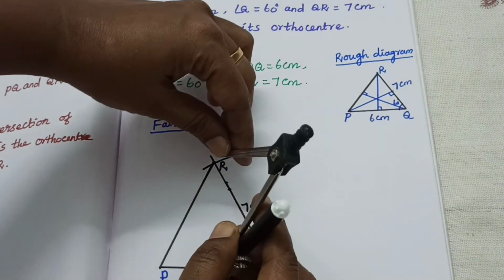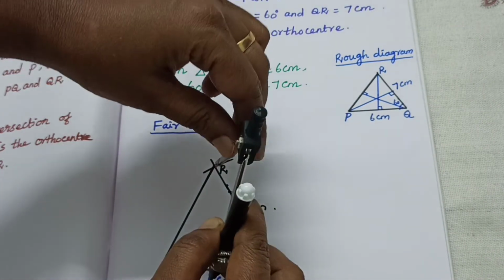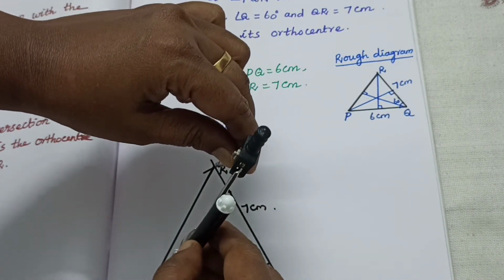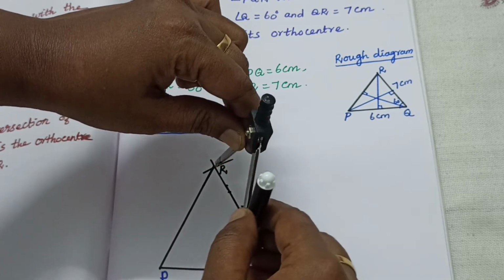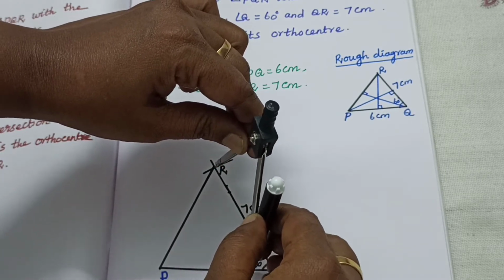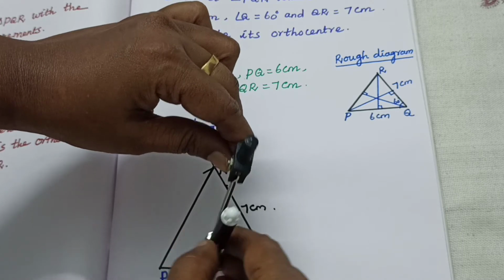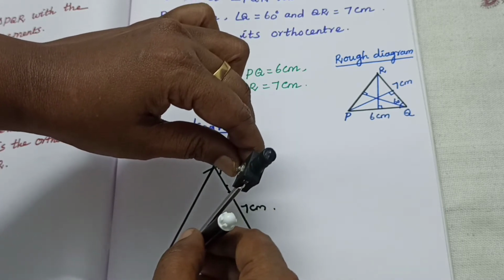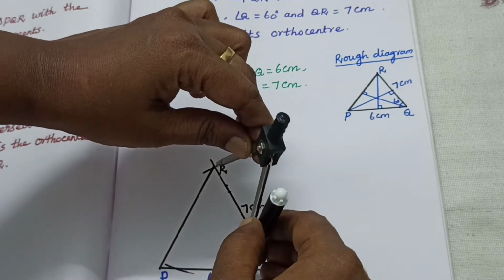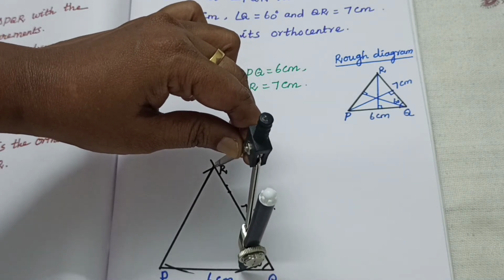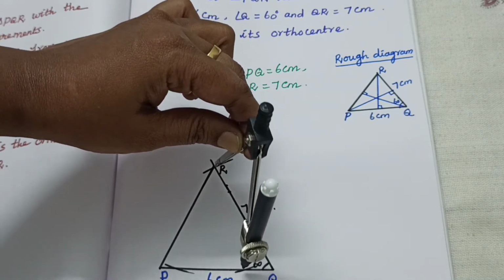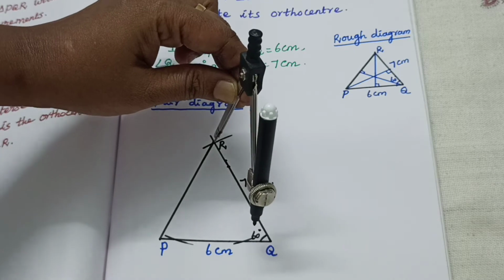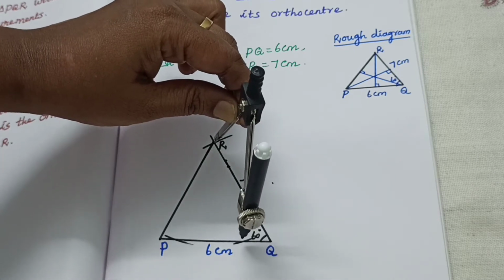Then vertex R, from vertex R to opposite side we have to draw two arc. Understood? Two arc you draw. Okay.